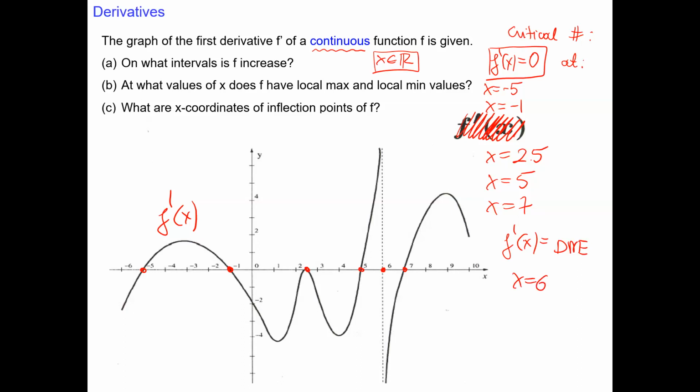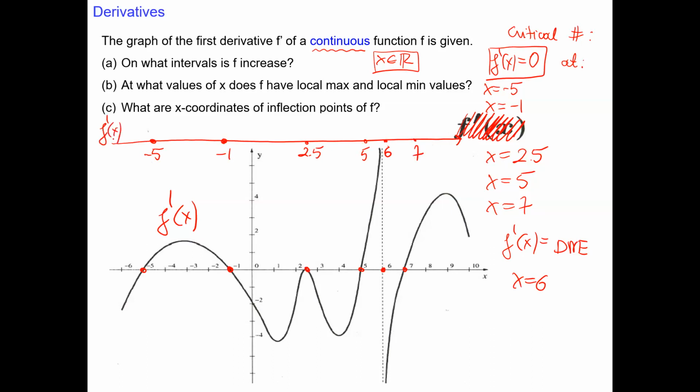That means all of them are critical numbers. Let's do it above. That means I can put -5, -1, 2.5, 5, 6, and 7 on the number line.